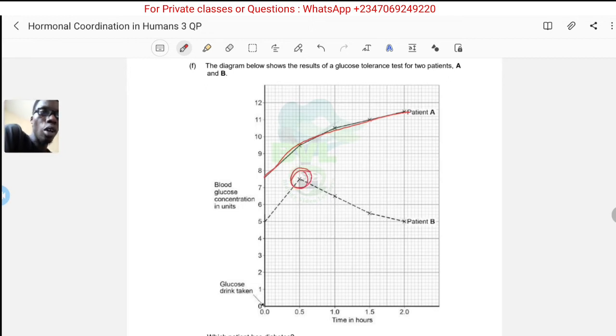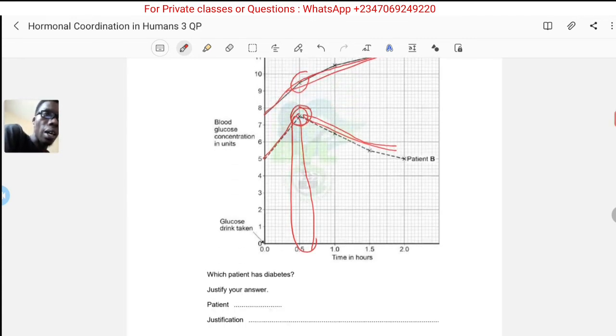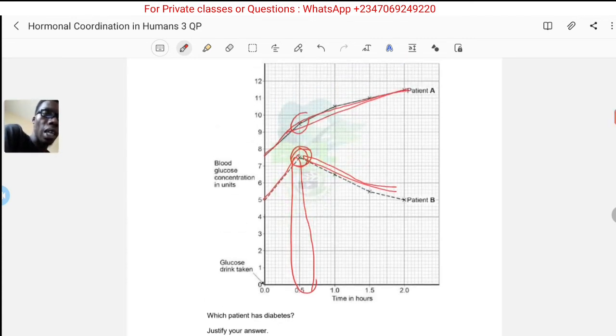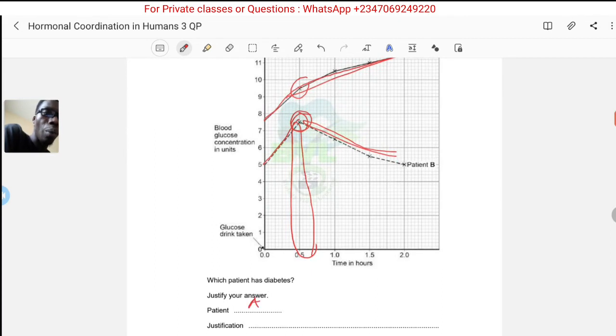This one came up, but came down again. The glucose level increased, then came down again, because there is insulin that brought it down. But this person's level just kept increasing, with nothing to bring it down. So the answer is patient A.